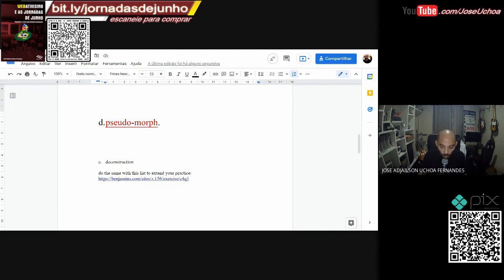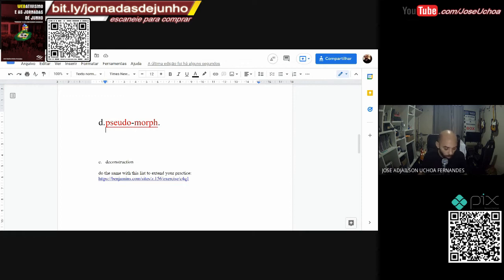The same process that gives me classroom, class plus room, or sunglasses, sun plus glasses. Okay, so they would say that pseudomorph is a compound word with two roots. So we have root plus root.